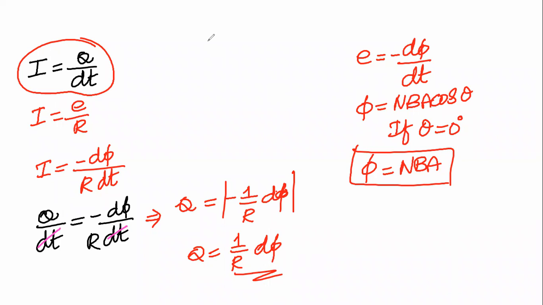Then whenever we are dropping a bar magnet into a circular loop or circular ring, this is the circular ring. While we are dropping that bar magnet freely, let us suppose this is the north pole, this is the south pole of the bar magnet, and this is a bangle.